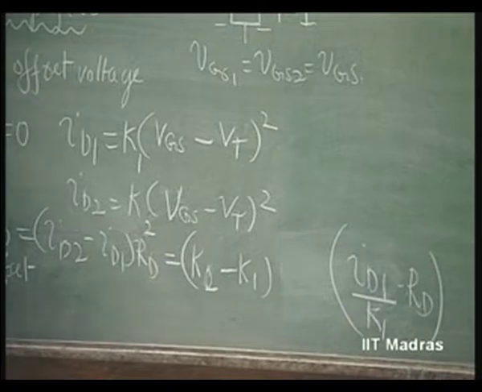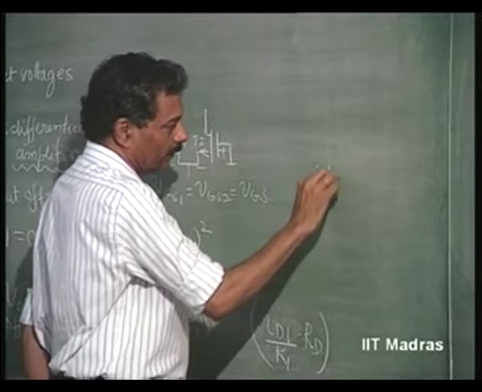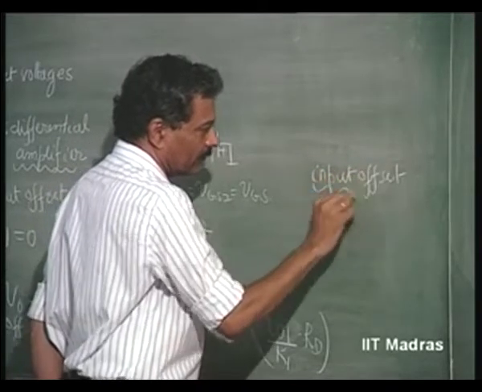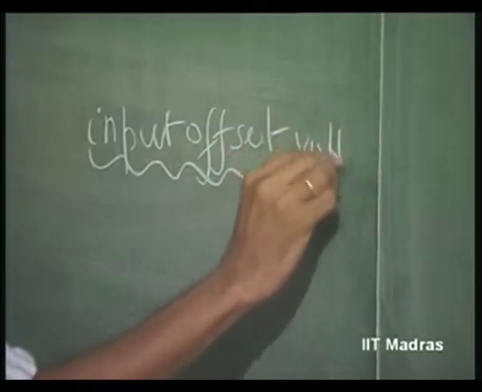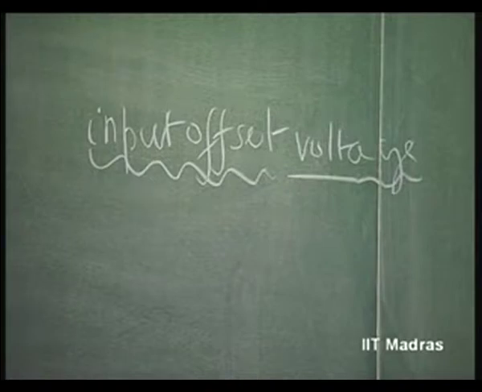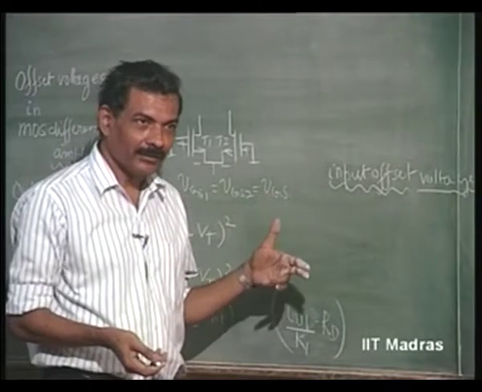What about input offset? Now, as far as input offset is concerned, what is the basic definition? It is that voltage that I have to apply at the input in order to make the output equal to 0. That means, under this situation of K1 being different from K2, I am making ID1 equal to ID2.